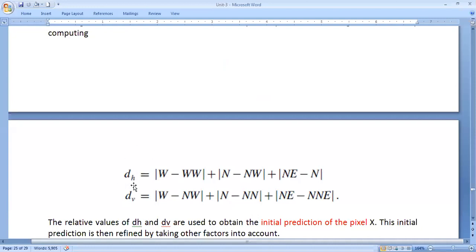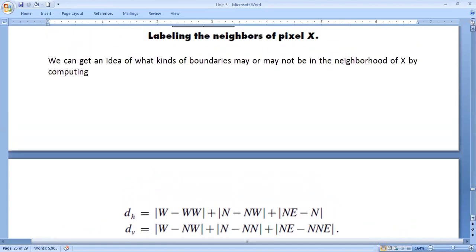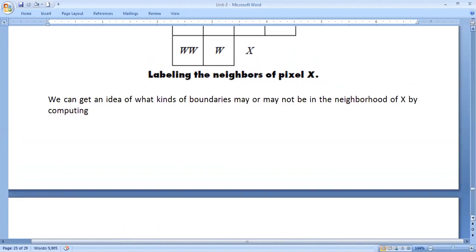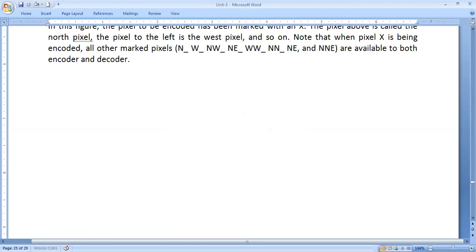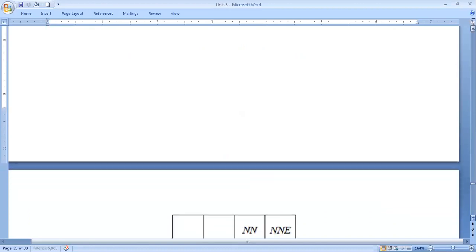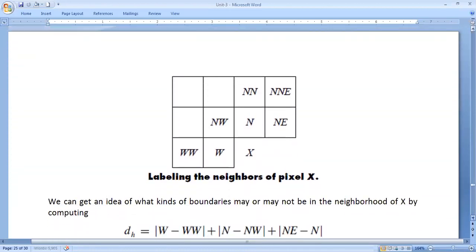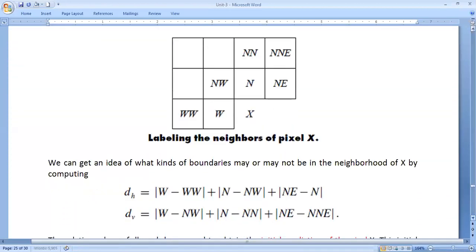The values of DH and DV are calculated with the help of these formulas. How can we compute the formula?